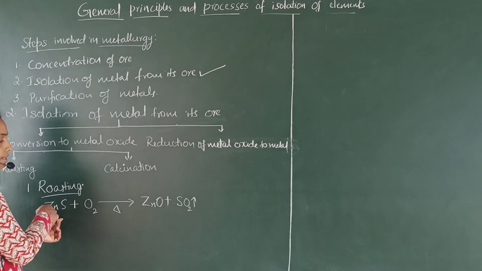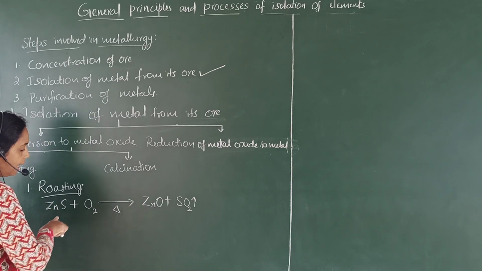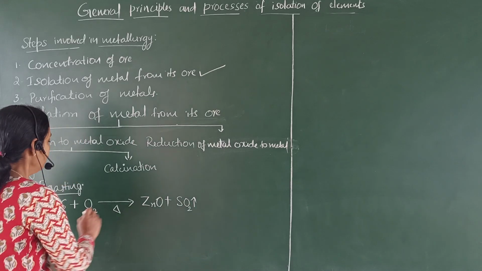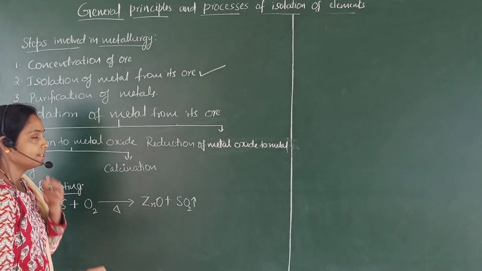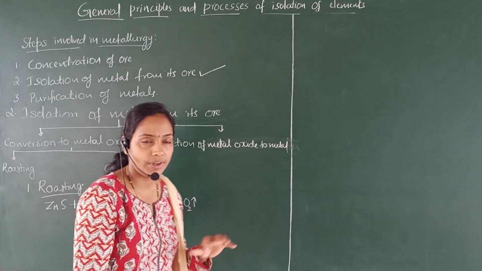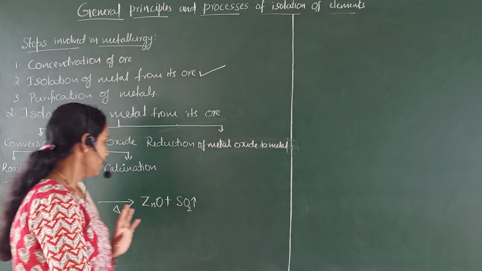Here, zinc sulfide is converted into zinc oxide. That means addition of oxygen takes place. The addition of oxygen is called oxidation, and the removal of oxygen is called reduction. This is the definition of oxidation and reduction.